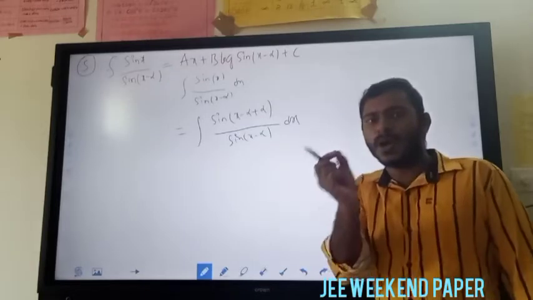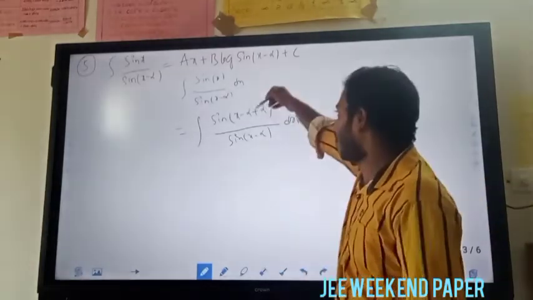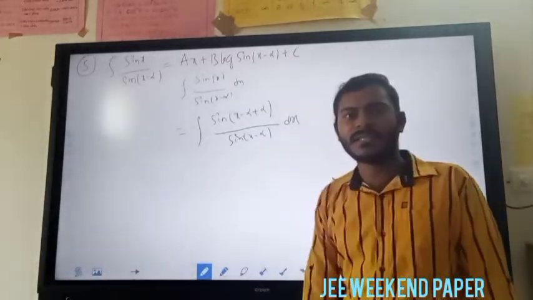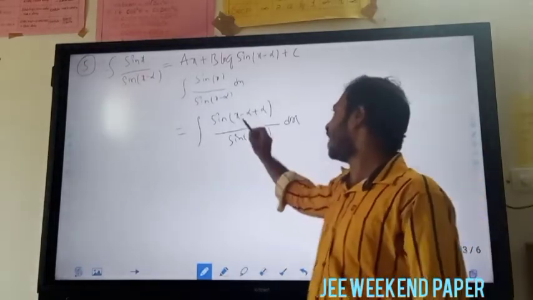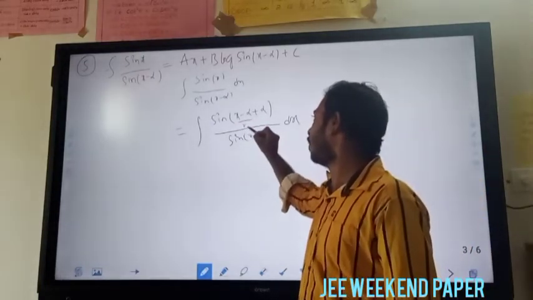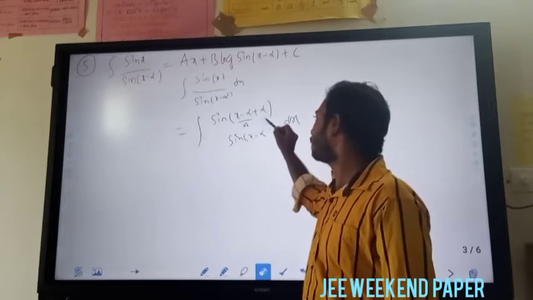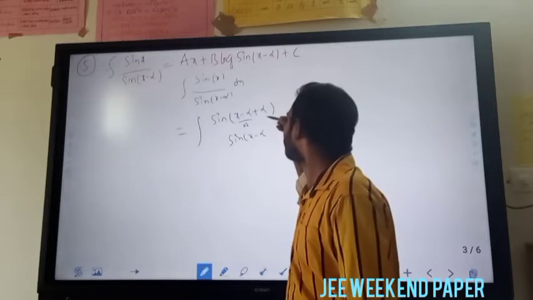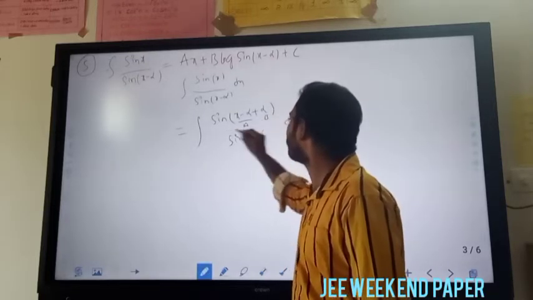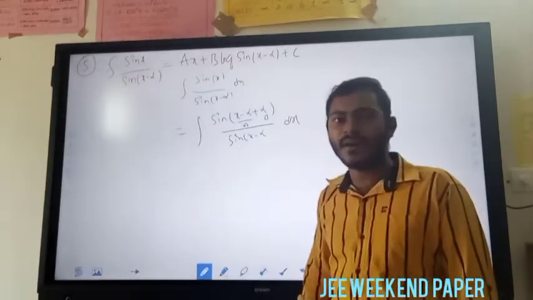By a small modification in x, we can add minus alpha and plus alpha. After that it can be split as sin of a plus b.